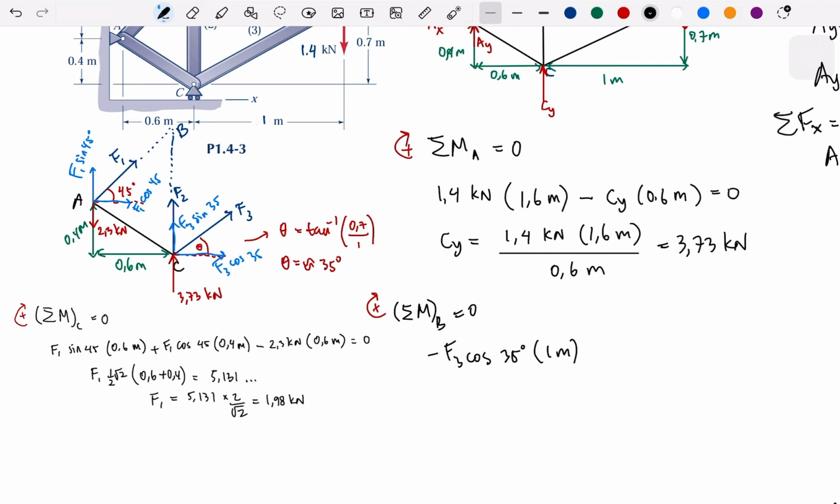So Ay will be 2.3. That is also minus, so minus 2.3 kilonewton, 0.6 meter equals 0. So F3 cosine 35 is equal negative 5.131. So F3, divide cosine 35. It's around negative 1.71 kilonewton.